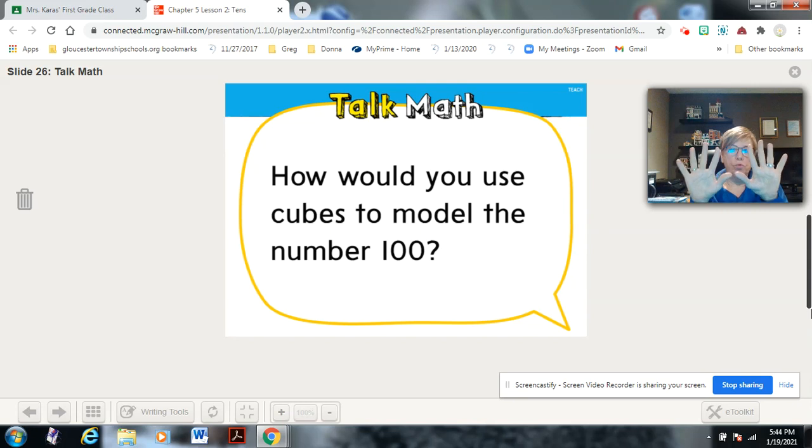So how many groups of cubes would I need? If I put them in groups of 10, I would need 10 rods to be able to model the number 100, right? That would be a lot of cubes. Oh my goodness.